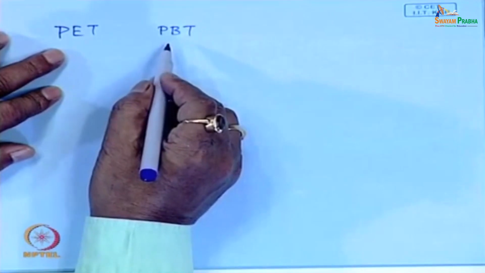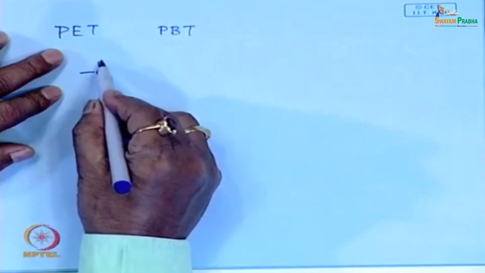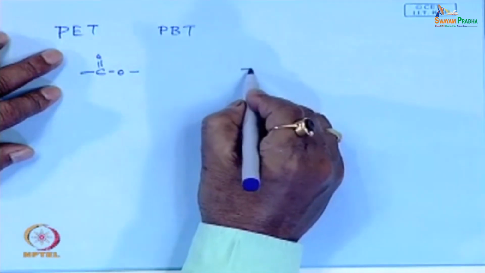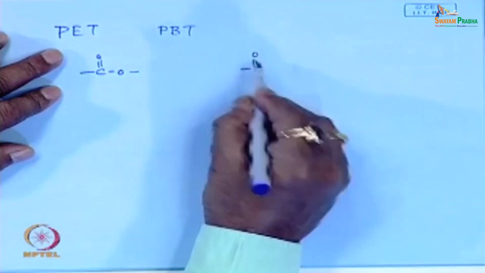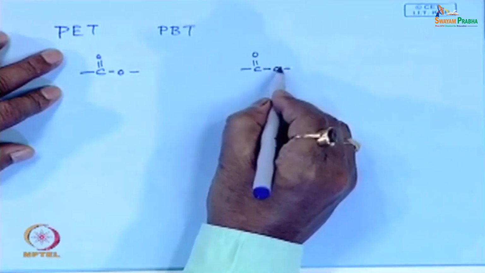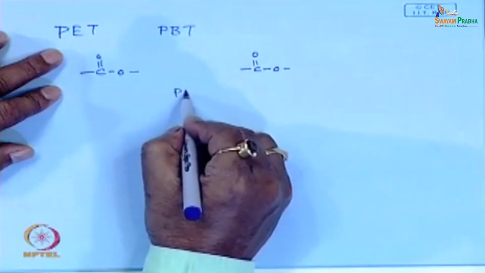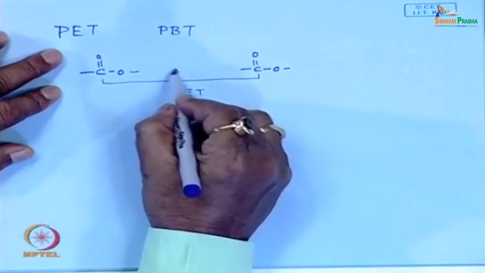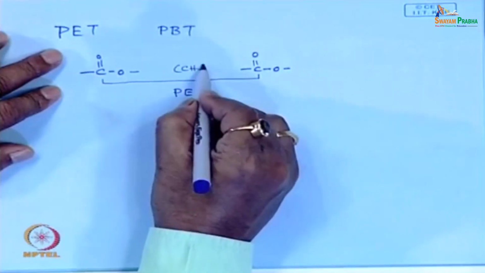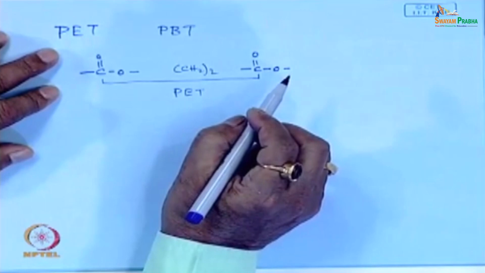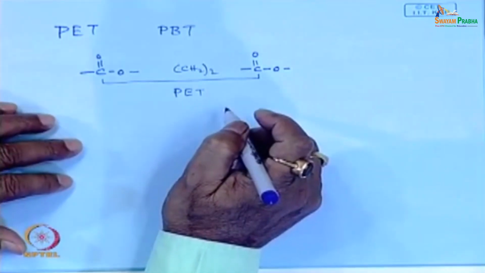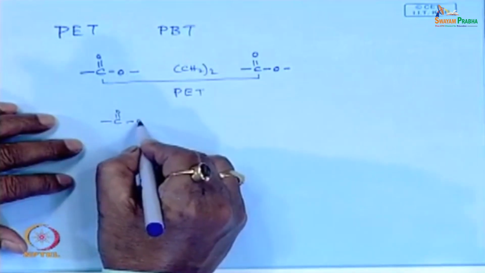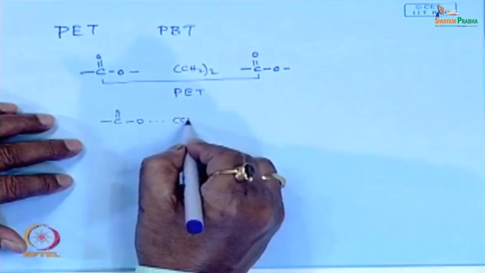Obviously, the distance between 2 ester groups here, say suppose this is the case of PET, this is the distance, in between there is CH2 whole 2, and in case of PBT CH2 whole 4.